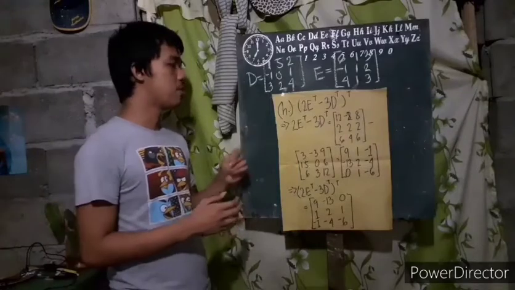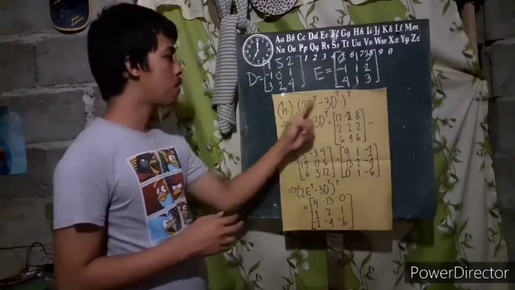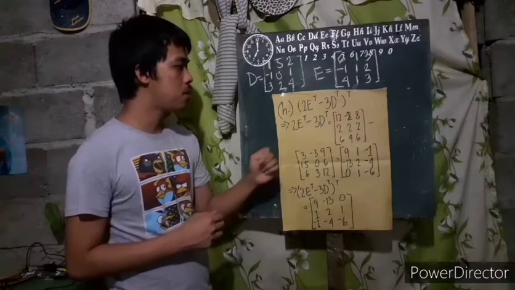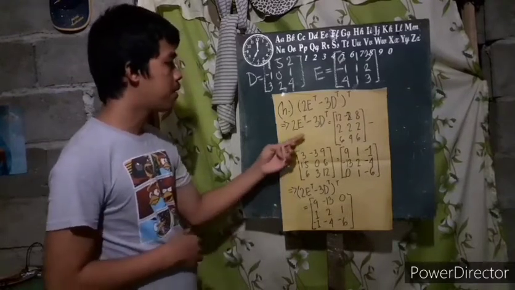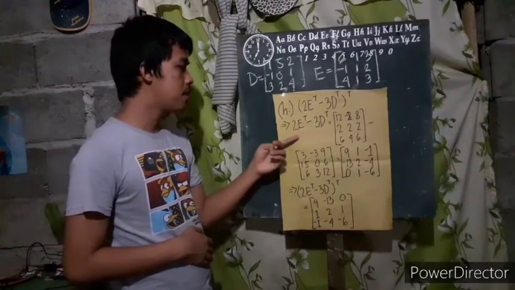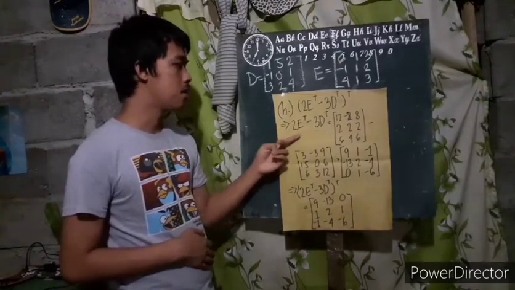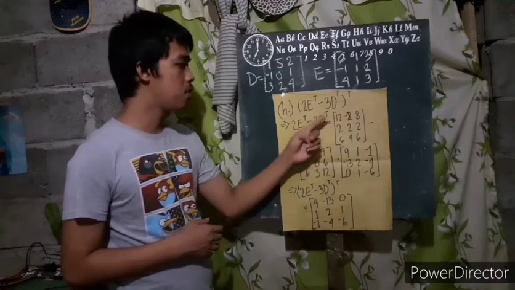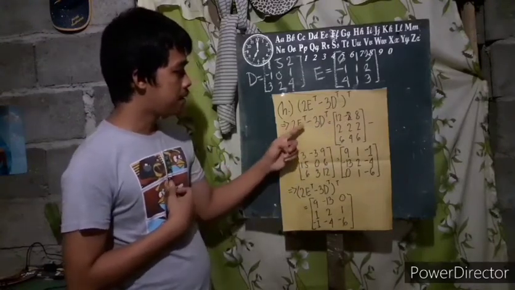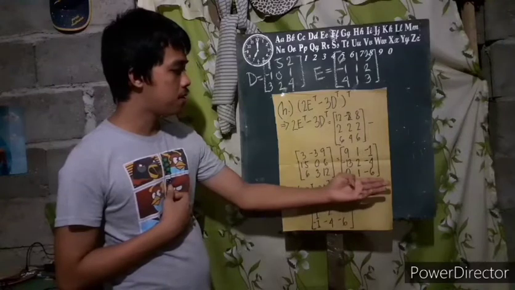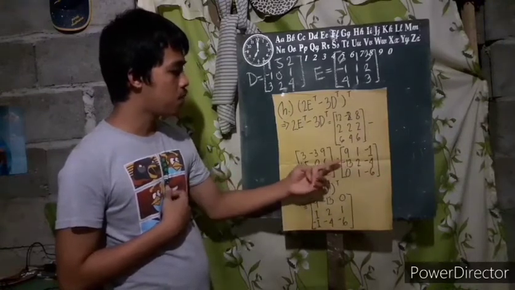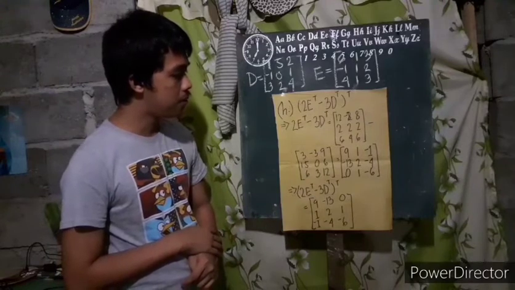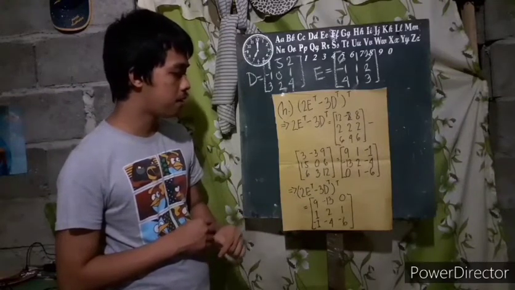And now in H, we have the transpose of 2 multiplied by transpose E minus 3 multiplied by transpose D. As you can see, we already gathered the result of this in the previous letter. So we just copy the result of it, subtract it, then we can come up with the result of this, whose elements here are 9, 1, negative 1, negative 13, 2, negative 4, 0, 1, negative 6.